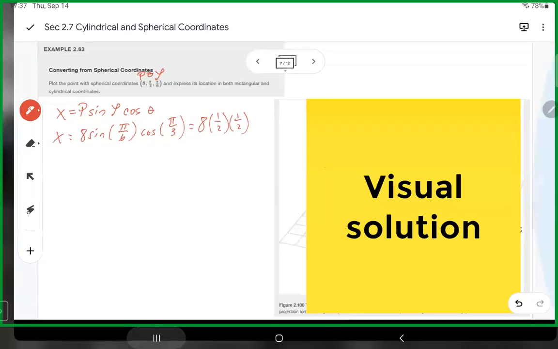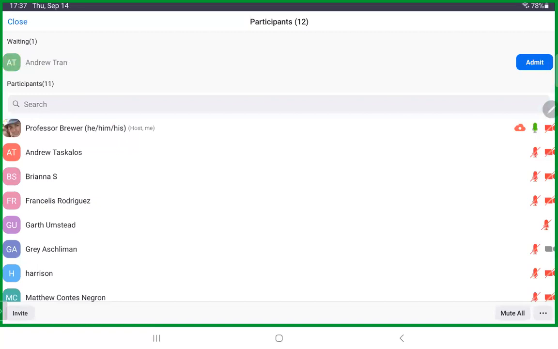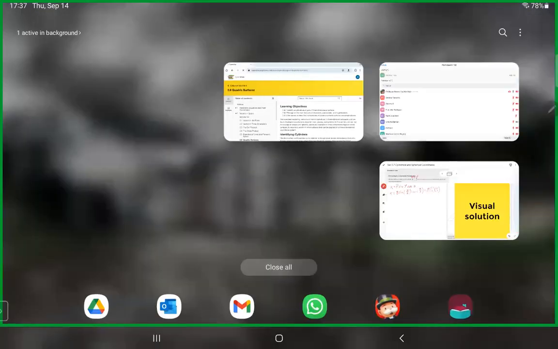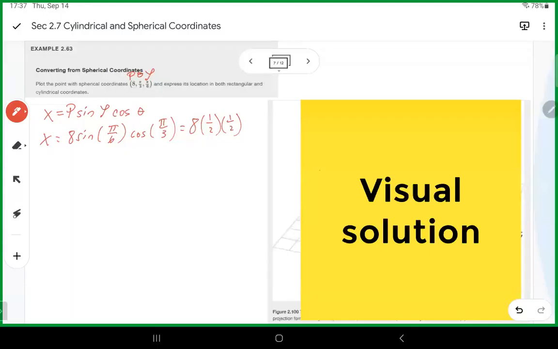One second. So that's the same as 8 times 1/4, which is going to give us a 2. So x is going to be 2.